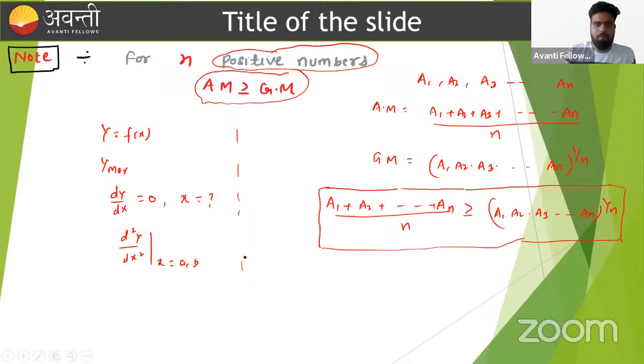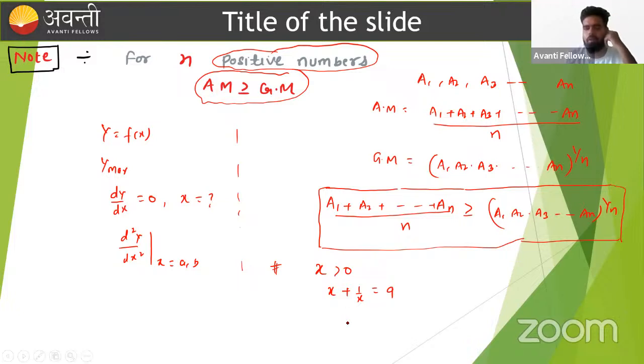If we take an example of this concept, suppose it is given that x is a positive number, and x plus 1 upon x is given as 9.